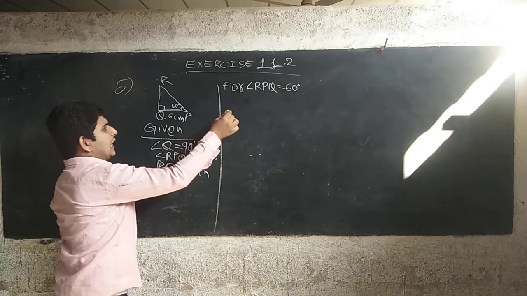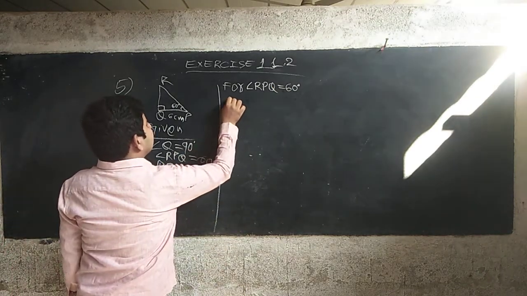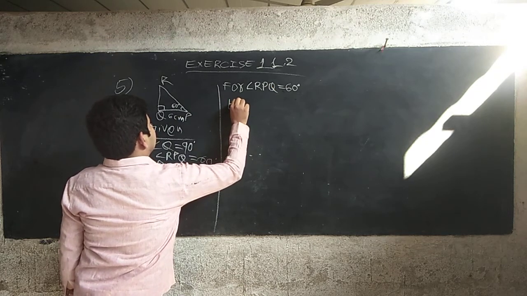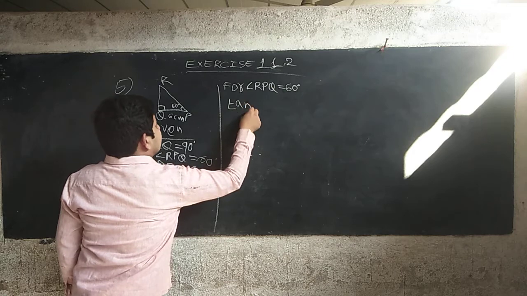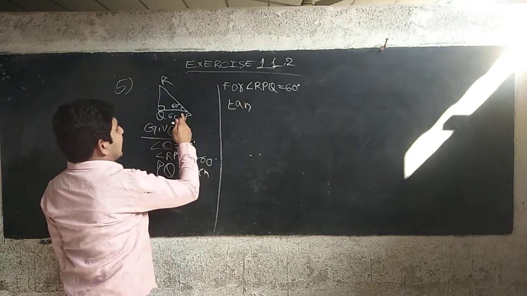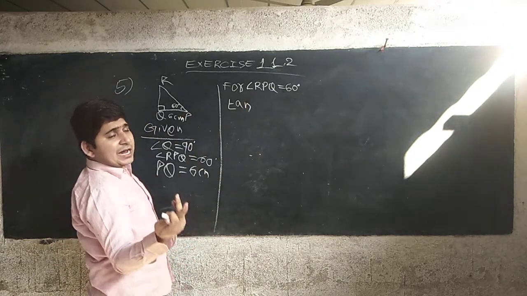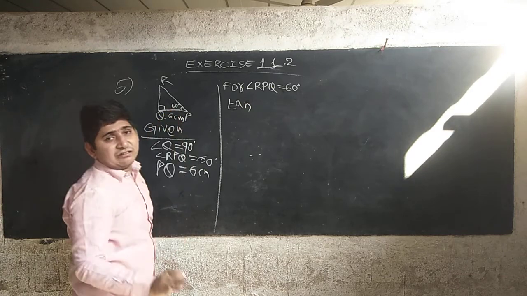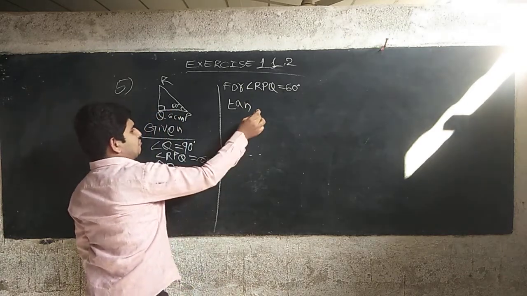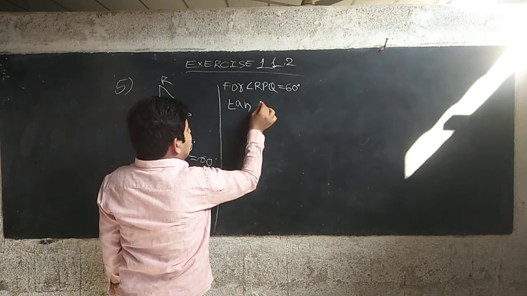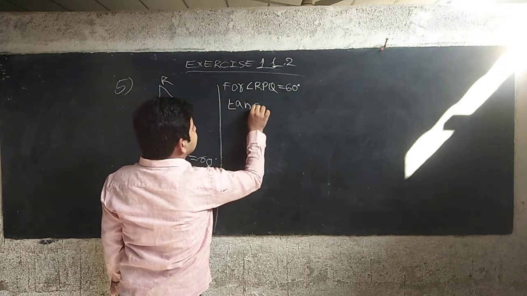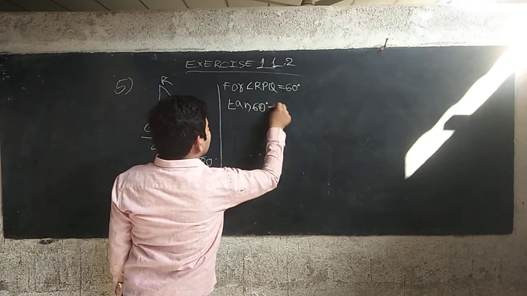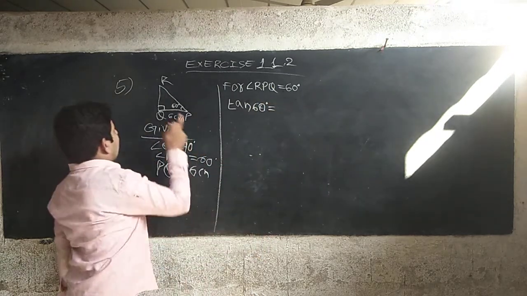tan P, okay, tan P equal to what? Tan P equal to tan 60 degrees. Why here the angle was given? For that purpose, tan P equal to tan 60 degrees equal to what? Opposite by adjacent.